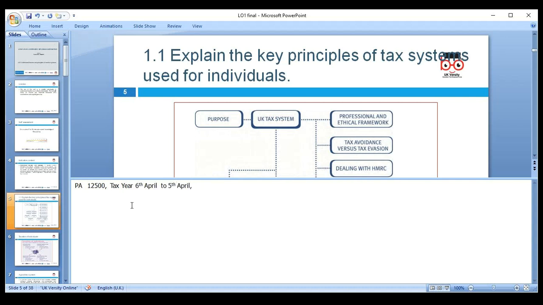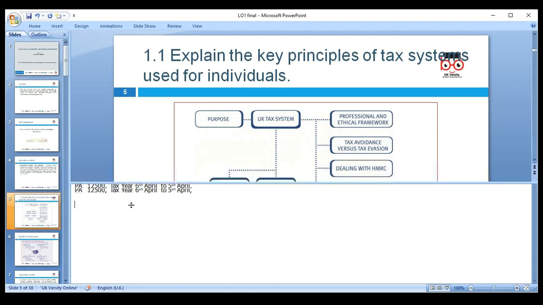Okay, then after 12 and a half, what limit do we have? We got on the DV. Yes, basic, up to which do we know the tax brackets? Up to 32,000.